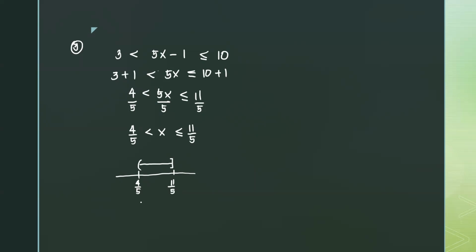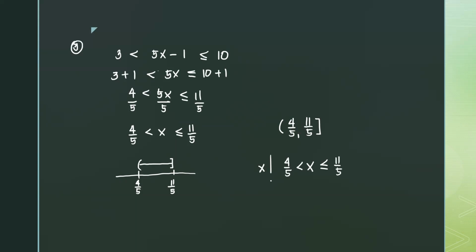Therefore, how do I write the interval notation? The interval would be parenthesis from 4/5, comma, 11/5, bracket. And then, how do I write the solution set notation? The solution set would be this one, that x is greater than 4/5, but less than or equal to 11/5.